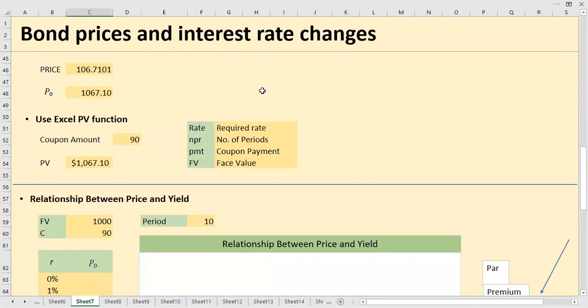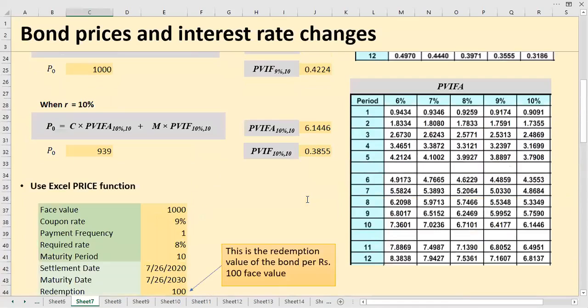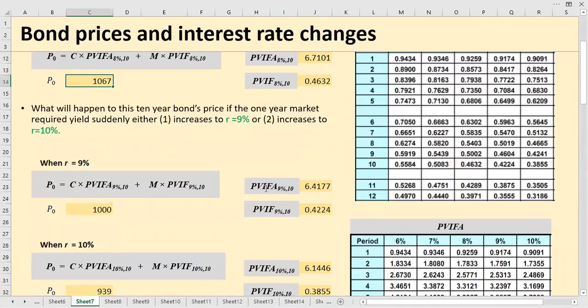Okay, now going back to the things that we were discussing earlier, we were discussing how the prices are going to behave when the required rate of return or the interest rate is changing. How the prices are going to change. Now, if you look at this, when the required rate of return is 8%, the value of the bond was 1,067.